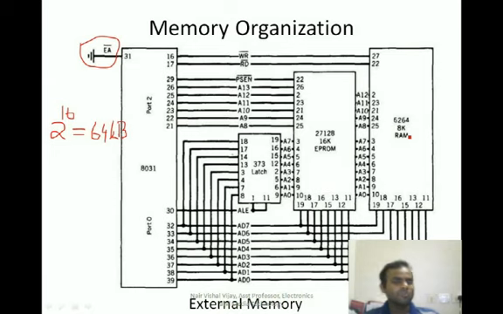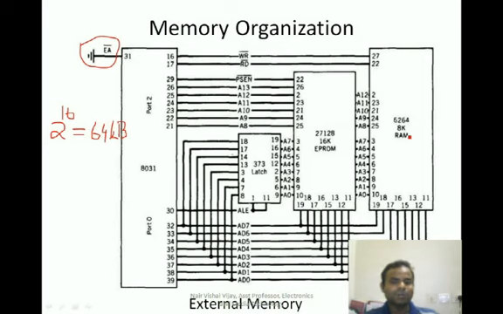Well, if it's a puzzle for you, just remember this simple formula: 10 lines can provide you access to 1 kilobyte of memory location. So 11 lines can provide you double of that, that is, up to 2 kilobyte. 12 lines can provide you double of that, that is 4 kilobyte. 13 lines can provide you up to 8 kilobytes.